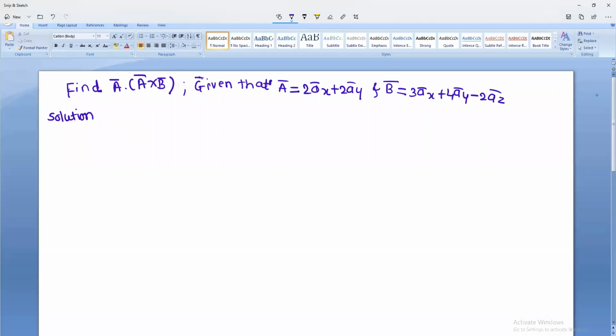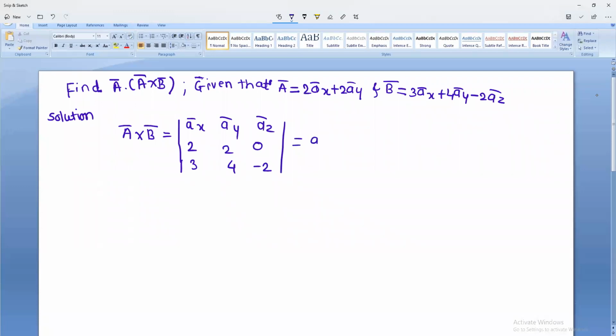So first find a bar cross b bar. If the same vectors are given, actually the answer will be the same, but now a bar x, a bar y, a bar z, and now the coordinates of a bar are 2, the y coordinate is 2, the z coordinate is 0. Then b bar is 3, 4 and minus 2. So solve this first.